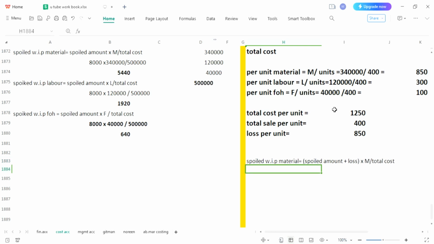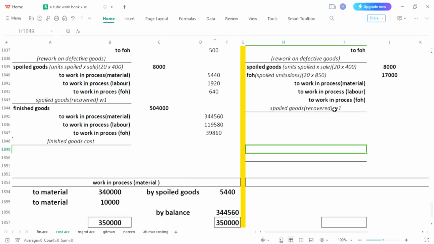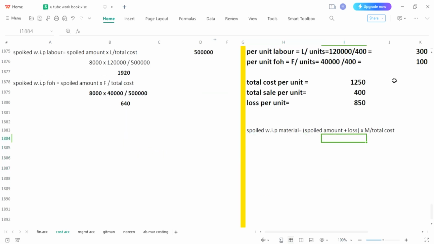Here there were two elements present. 8,000 was recovery, 17,000 was loss. So you will put both. 8,000 was recovery and then 17,000 was your loss. Remaining everything we will be doing in a similar way.